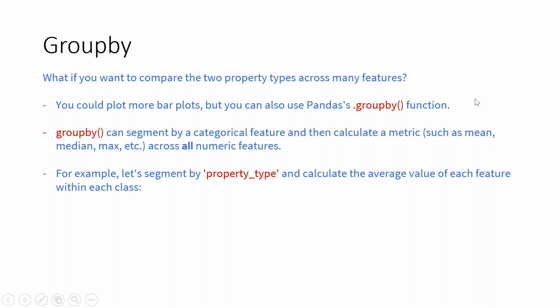Using groupby, we can look at a categorical feature and its classes, and many statistics of numerical columns at the same time, using a simple table. So groupby can segment by a categorical feature and then calculate a metric such as mean, median, max, standard deviation across all numeric features.